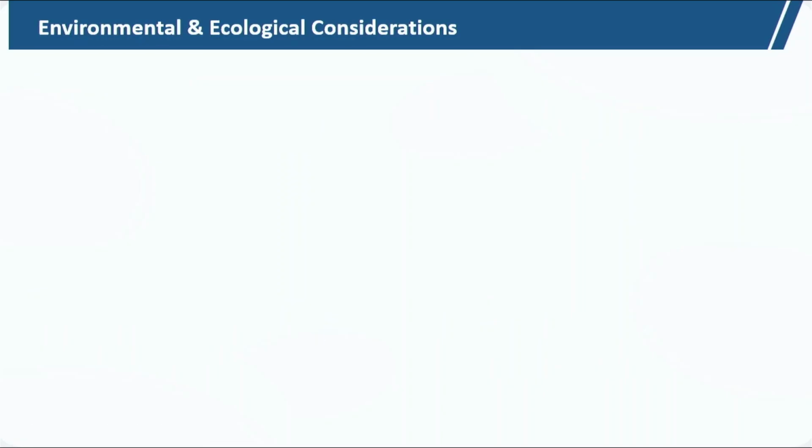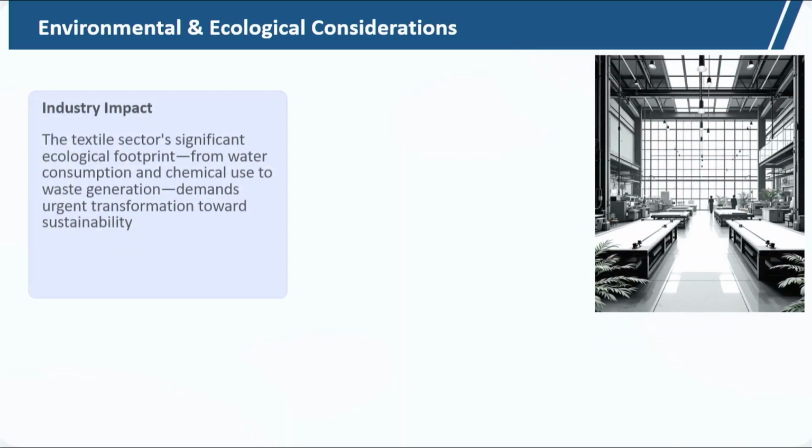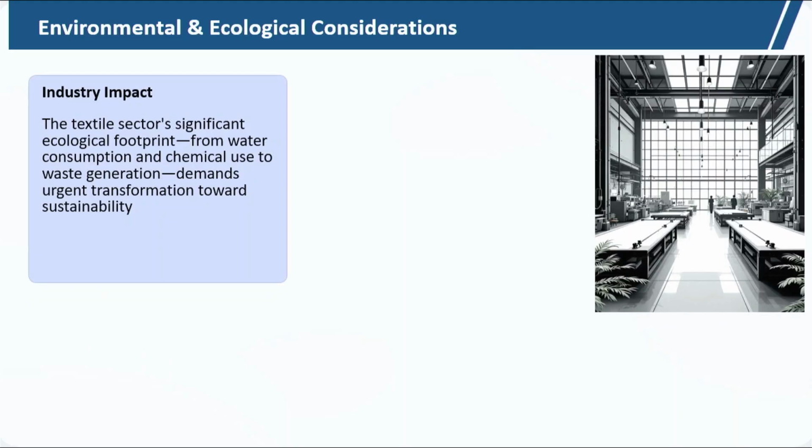And there are different environmental and ecological considerations. You can see the industry impact. The textile sector has a significant ecological impact from consumption of water, chemical use and waste generation.